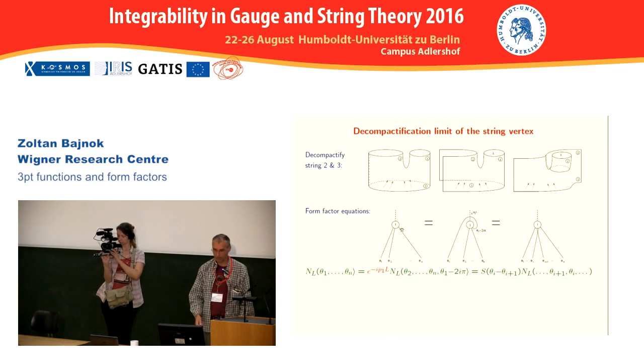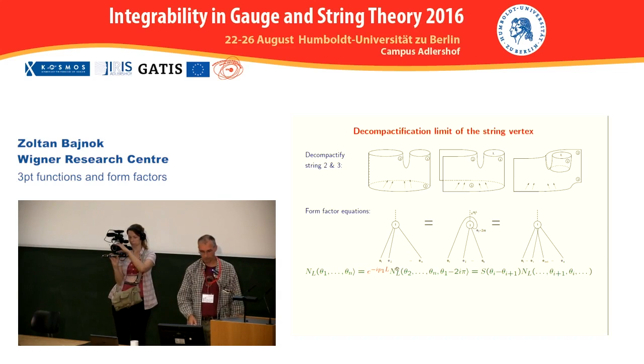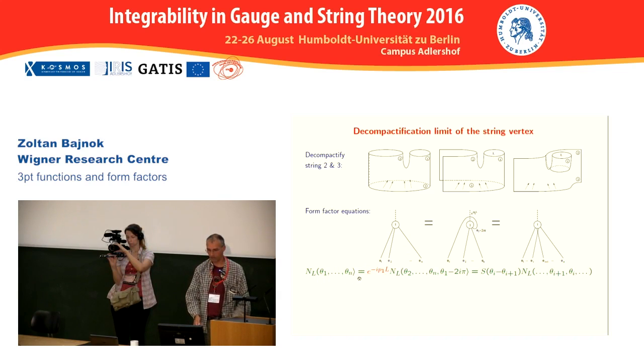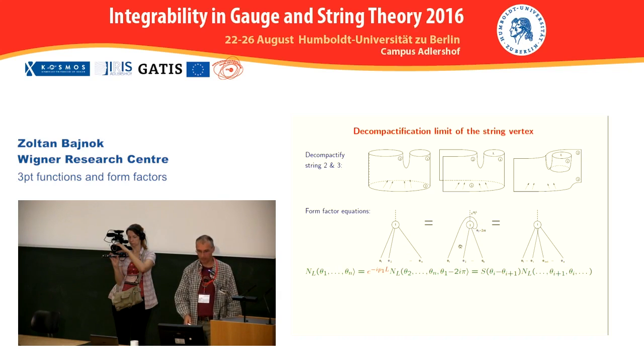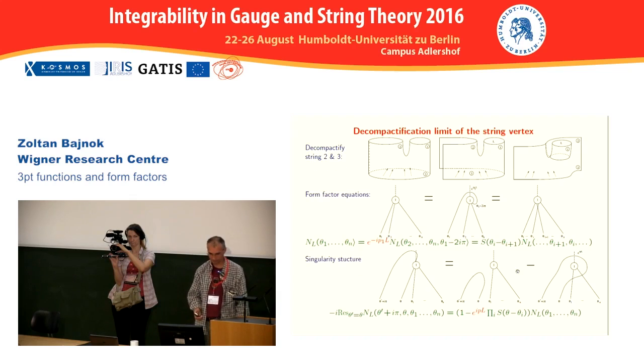This is the form factor, which is denoted by NL here. L refers to this finite size string. So periodicity will be replaced with a similar equation, just with this exponential phase factor, the transmission factor here. And then if you exchange two particles, you should pick up the S matrix. So these are the new axioms.